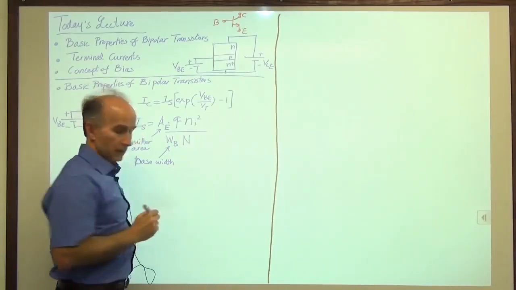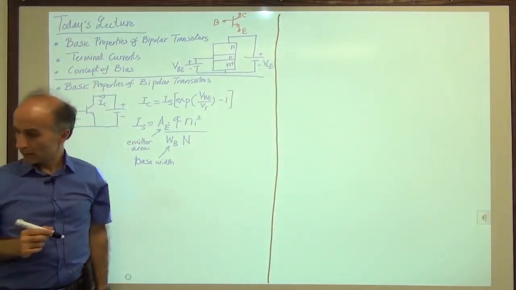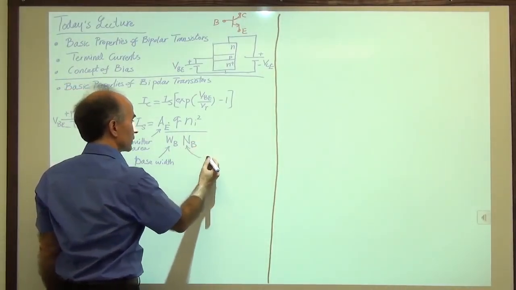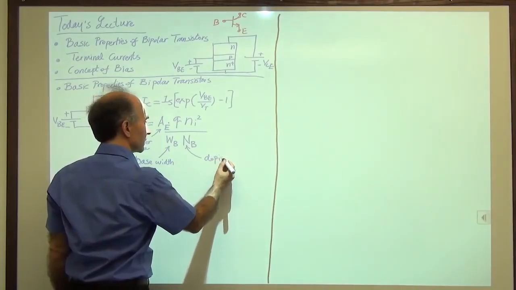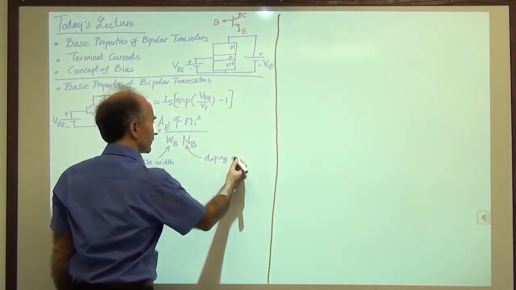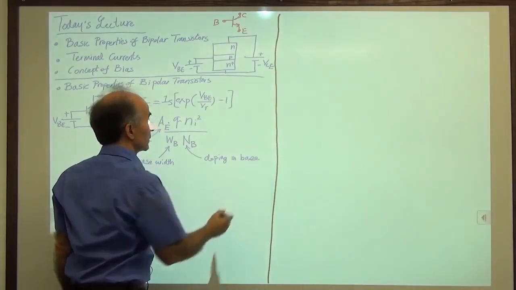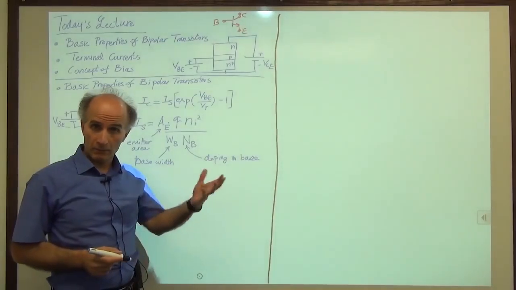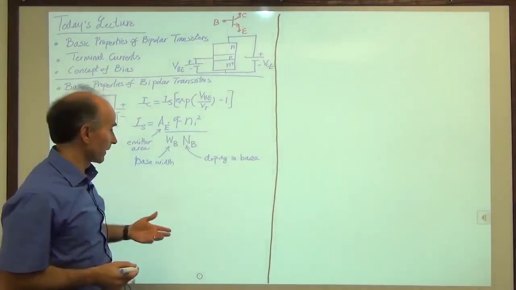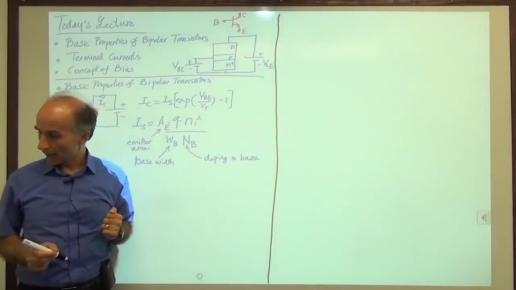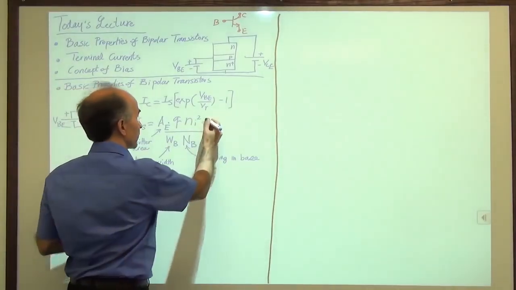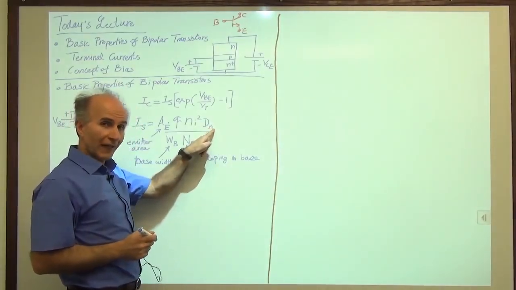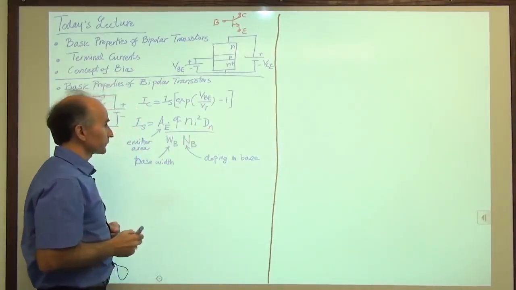Then we have the doping in the base, which we call N sub B. So this is the doping level in the base. So we have some doping because it's P, so maybe 10 to the 15 per cubic centimeter. That would be some number. And there's one more factor here, D sub N, which, if you remember, is diffusivity of electrons. So that's what we need here.